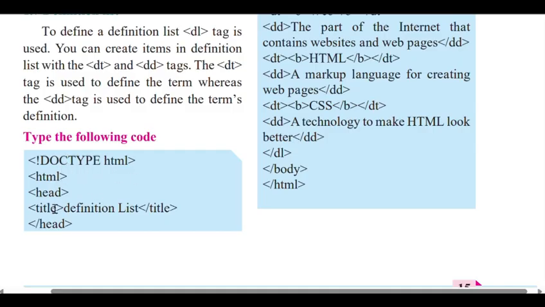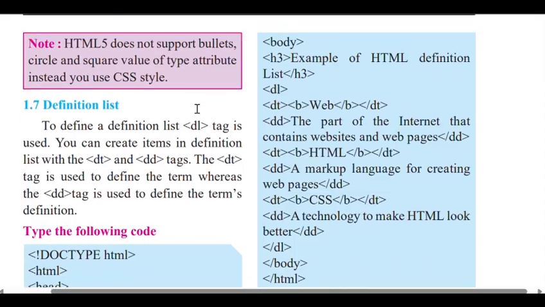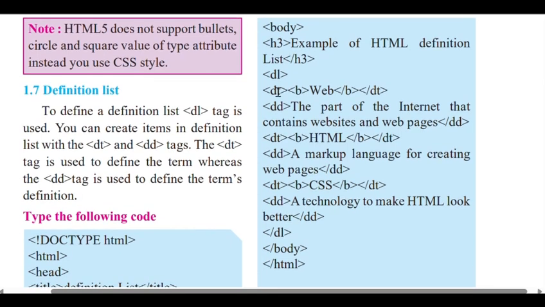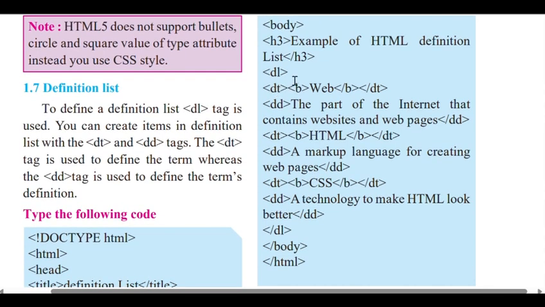Now you can see here they have given one example. Doctype HTML, head, title definition list, title close, head close, body open. We have taken an H3 tag, example of HTML definition list, H3 close. Now we are using DL, that is definition list.